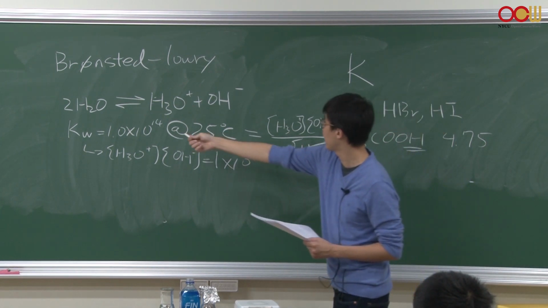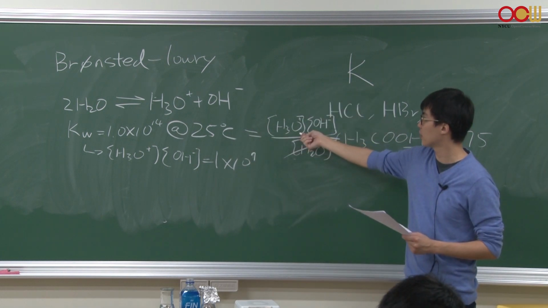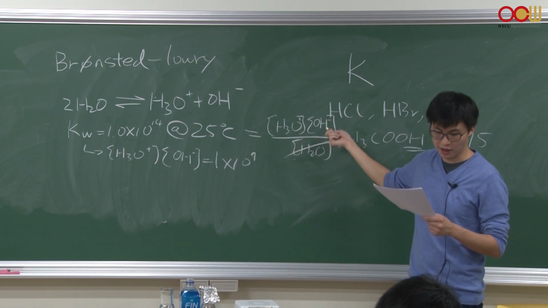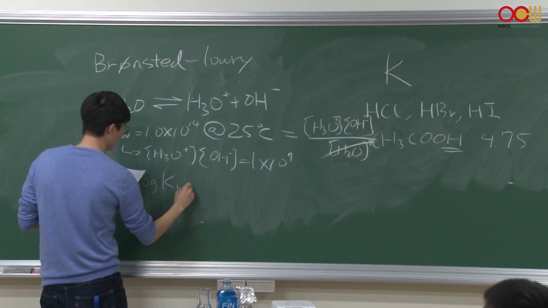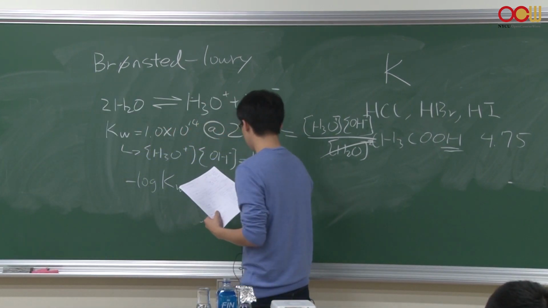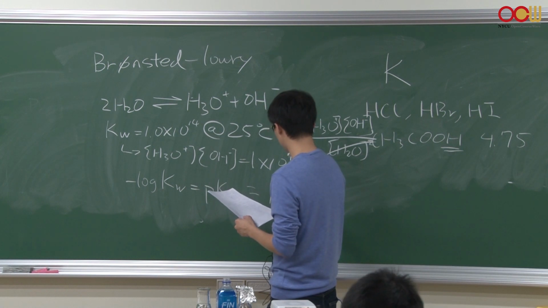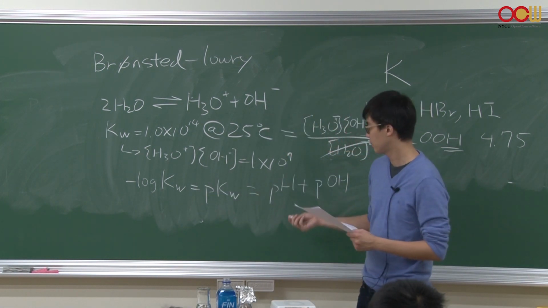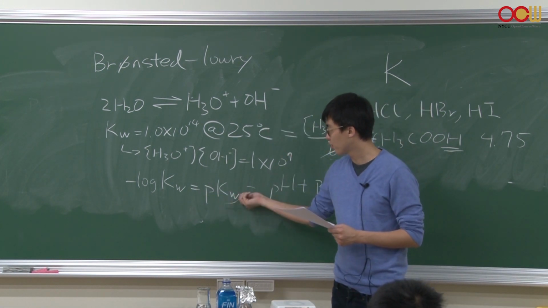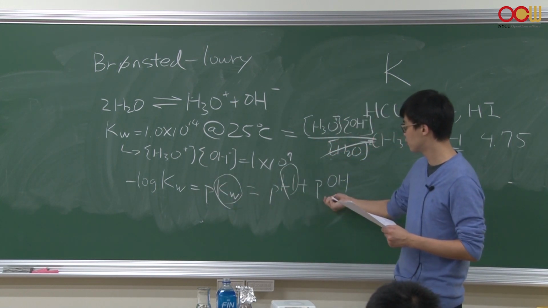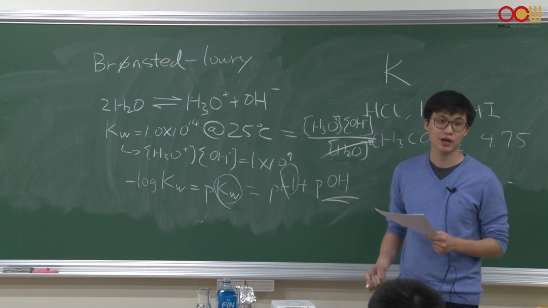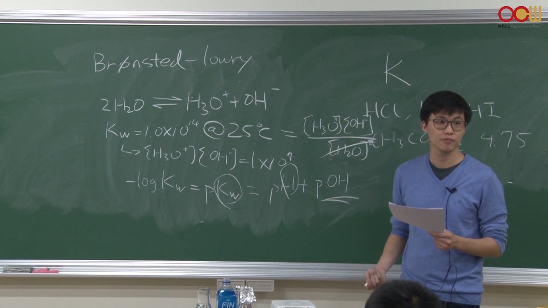So essentially Kw is a product of these two terms multiplied together, okay? So when we take a negative log of Kw, this is simple math, okay? By knowing the Kw and knowing the amount of H in the system, you should be able to get how much hydroxide you have in the system.